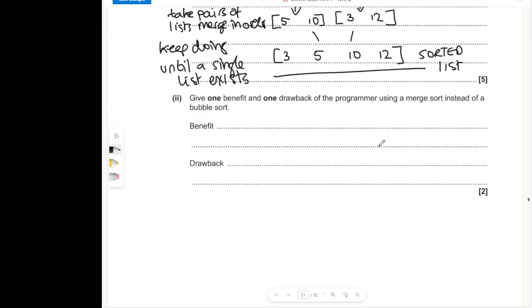Right, so I've got to read this again because I'm losing track of where it is. A benefit of using merge sort: it is incredibly efficient with large lists of data.